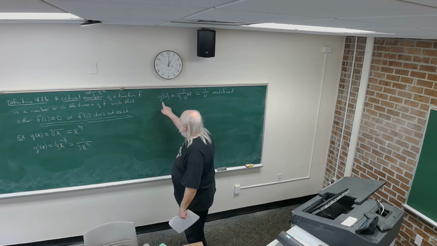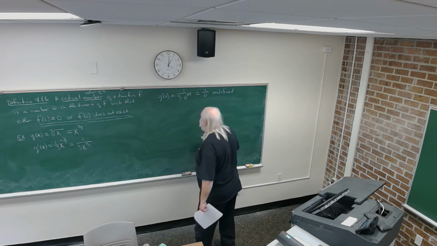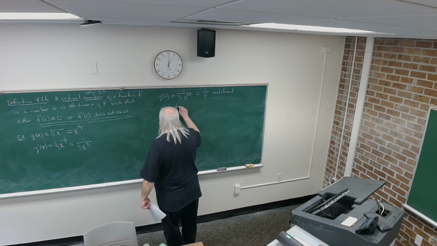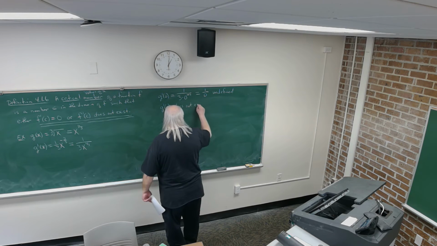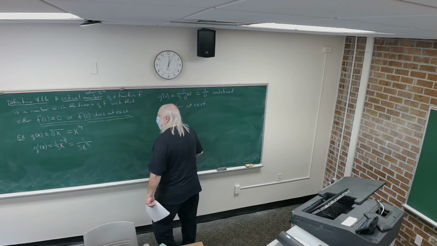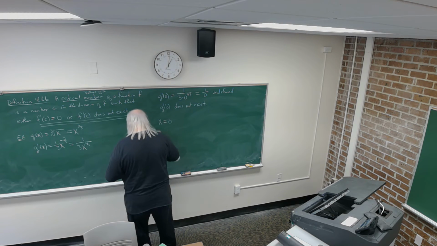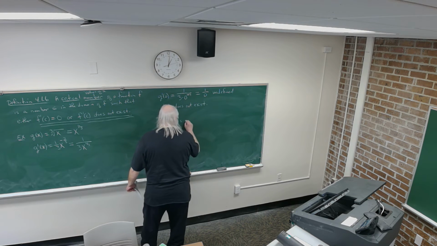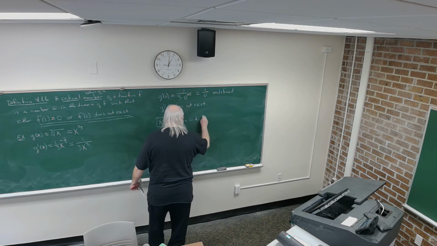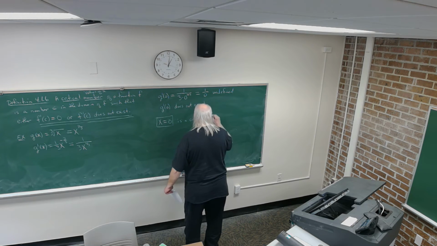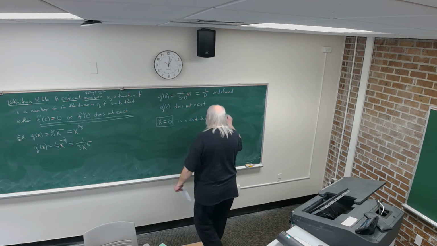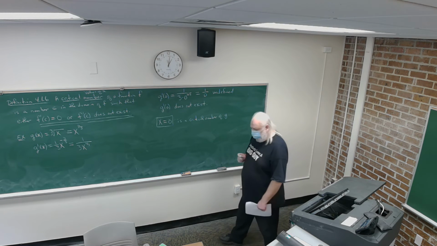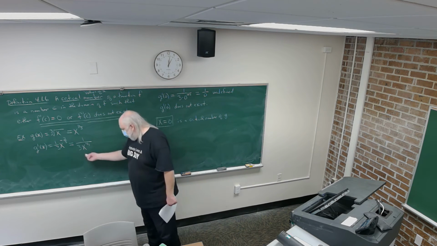So the first derivative at x equals 0 does not exist. So that makes x equals 0 a critical number. It's the only critical number of g of x. There's no number you can put in for x that'll make this equal to 0.